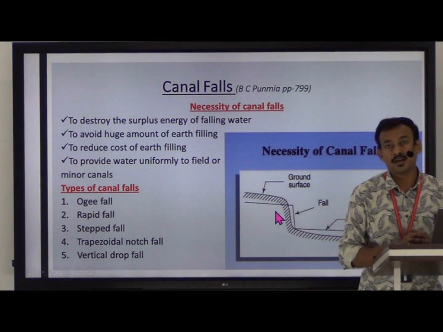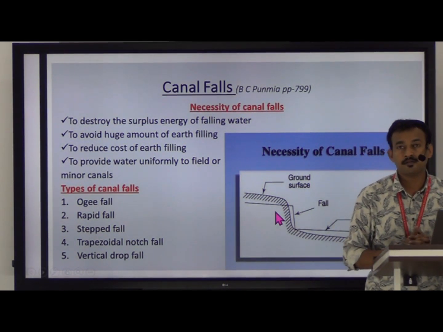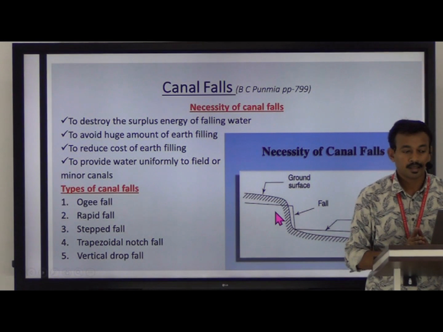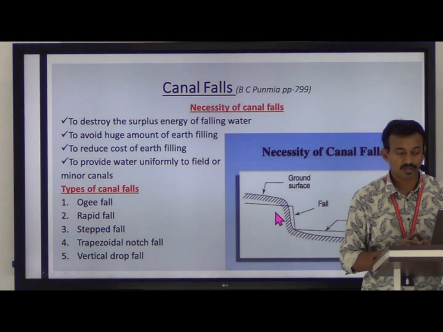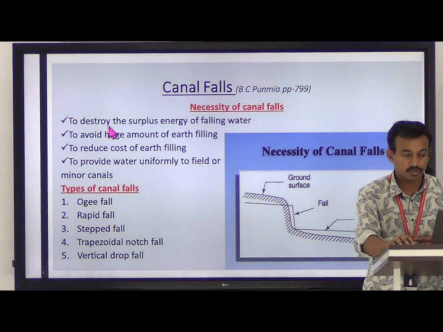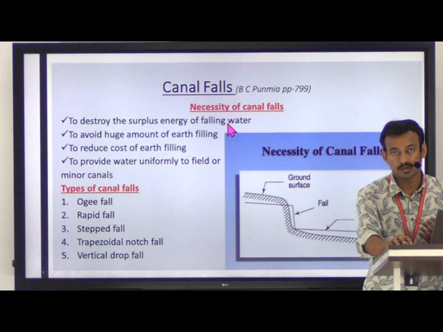Siphon well drop is a kind of canal fall structure. The topic canal fall was discussed in our second module. So you know that a canal fall is a structure used to destroy the surplus energy of falling water.